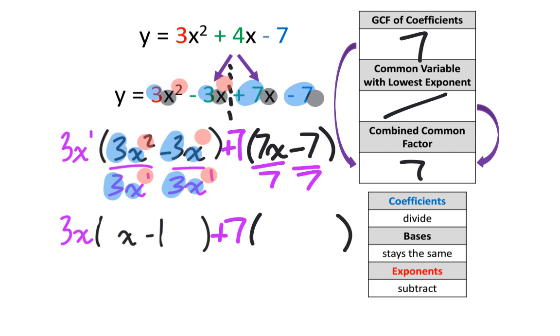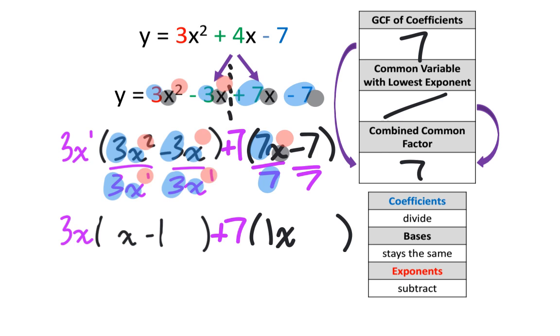And since we are dividing terms, we'll need to use the quotient rule once again. Coefficients are going to get divided, so 7 divided by 7 is going to give you 1. Next, bases are going to stay the same, so that variable of x is going to stay the same. And then exponents get subtracted. We have a hidden 1 over here, and we have no exponent in the bottom.